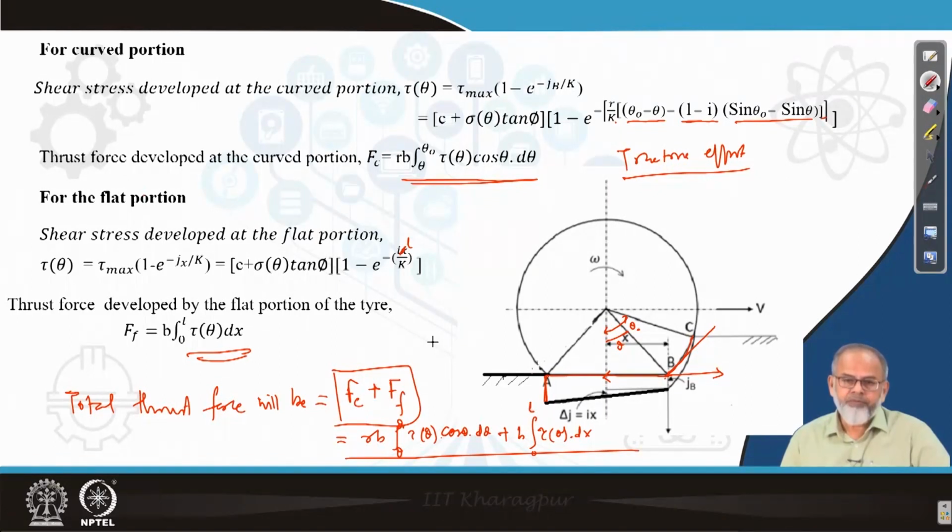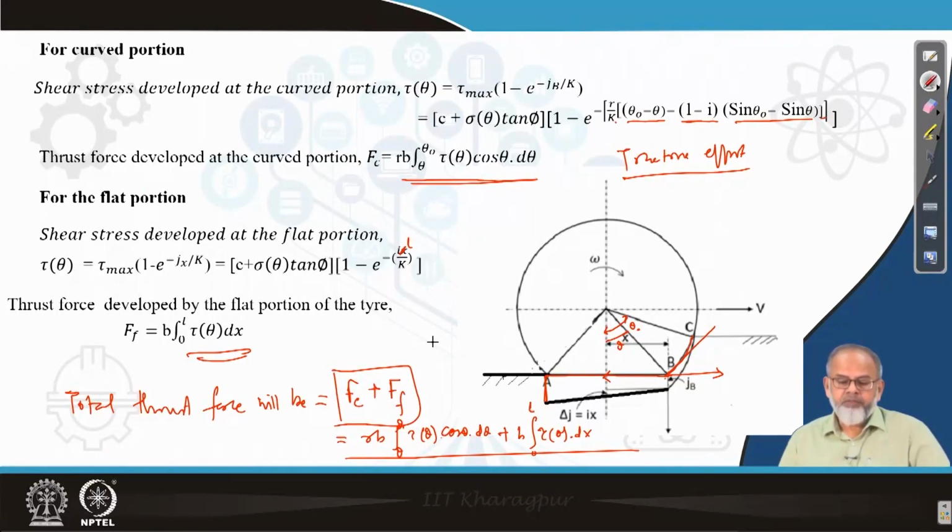Before that we have to find the shear displacement, taking the slip velocity, and from there, once you find the shear displacement, we have to select a suitable relationship depending on the soil conditions in which the wheel is operated.